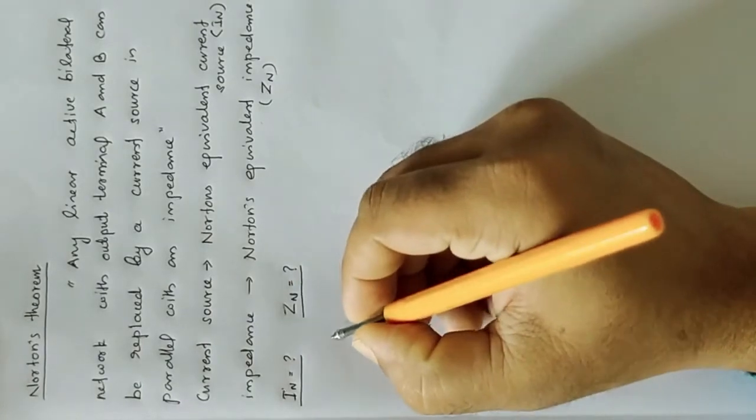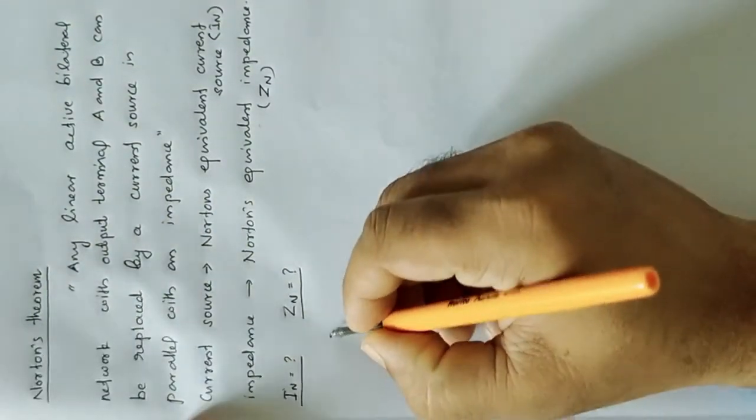Now let's see how to determine the value of Norton's equivalent current and Norton's equivalent impedance.